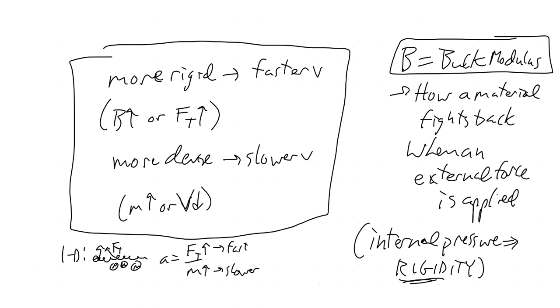And of course, the opposite, less dense is faster, less rigid is slower, but I'll just write it like this, and the opposite is inferred. Cool. So step one.